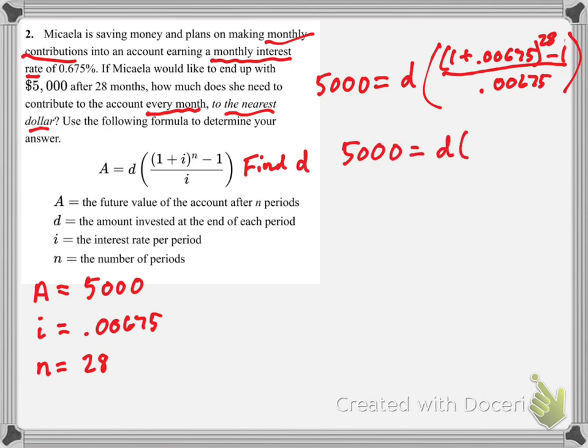So I'm going to have 5,000 equals D times. Now I'm going to put what's in the parentheses in the calculator.